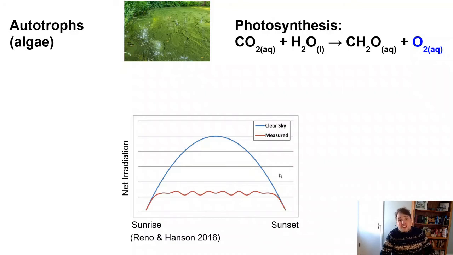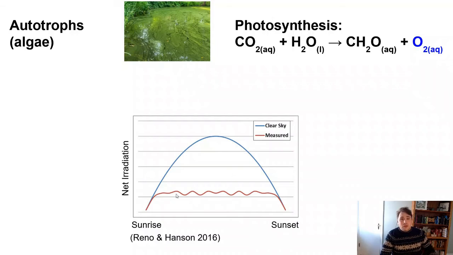But you also have clouds. And clouds intercept sunlight and reflect it back to the atmosphere or diffuse it. And so if you have clouds passing over an area, your actual measured sunshine at a given place is going to be less than the total amount of sunshine that's coming in from the sun at that time. So under clear sky conditions, you have this nice, beautiful arc, but under cloudier conditions, you have this lower level of sunshine.